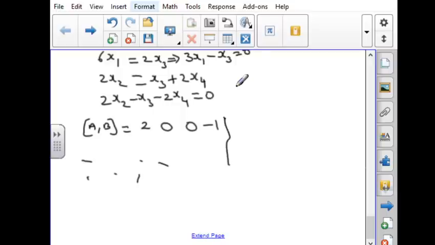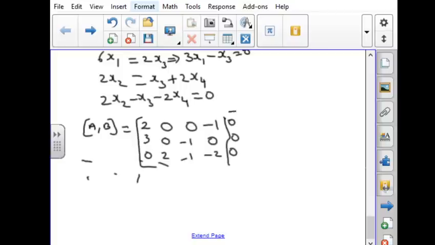Then likewise 3x1, so 3, 0x2, so 0, minus x3, so minus 1, and 0x4, equal to 0. Then 0x1, so it is 0, 2x2, so 2, minus x3, so minus 1, and minus 2x4, so we get minus 2, equal to 0, so here also it is 0.